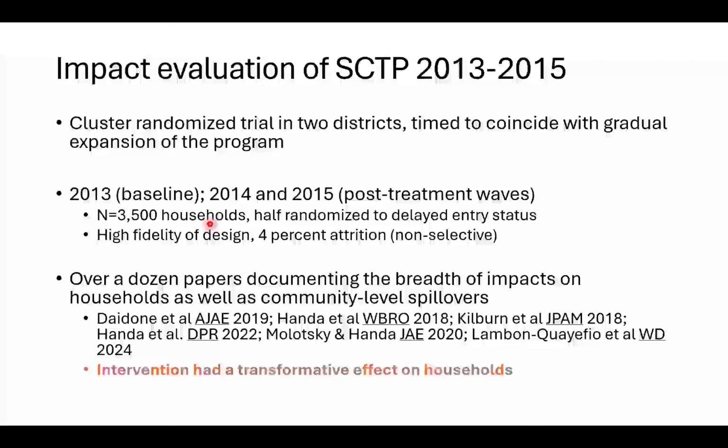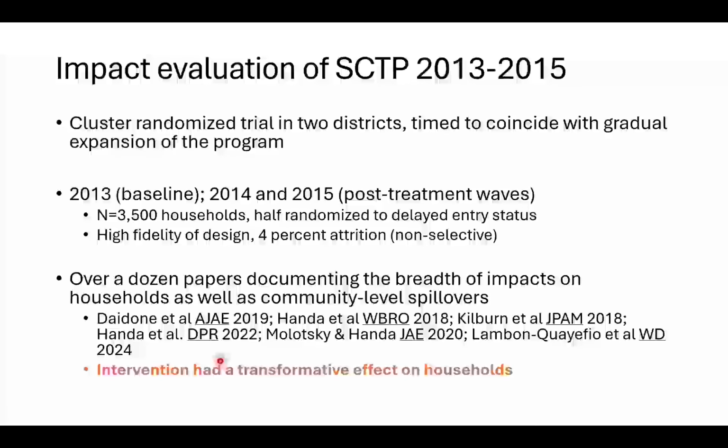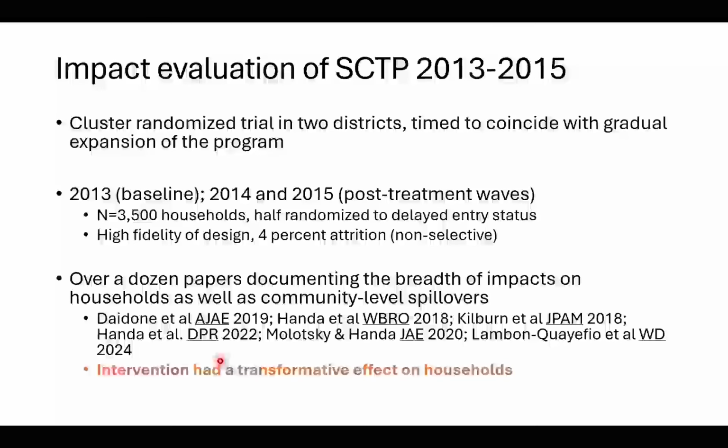A lot of dissertations here as well, which is nice. But basically what we've shown through that suite of papers is that the program really had a transformative effect on households on all dimensions: on kids, on consumption, on debt, on productive activities. So really quite transformative.